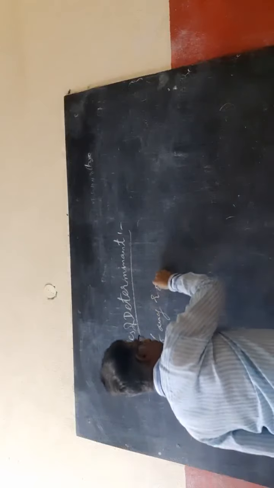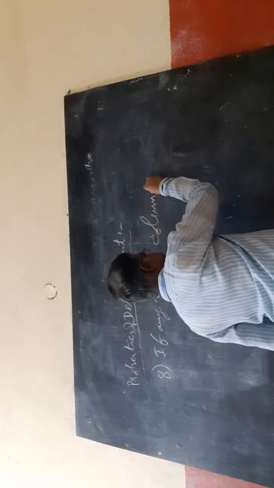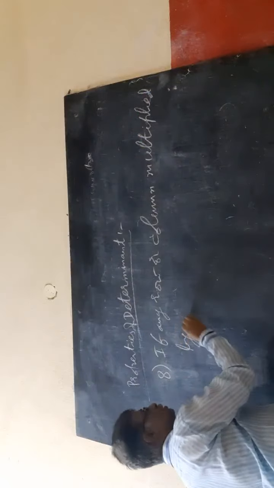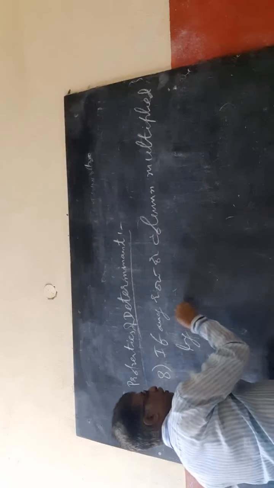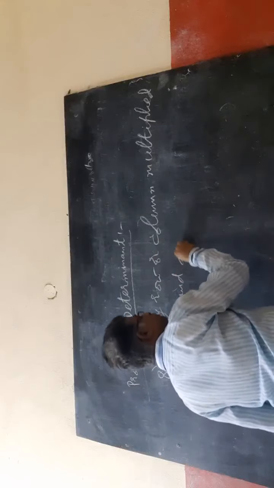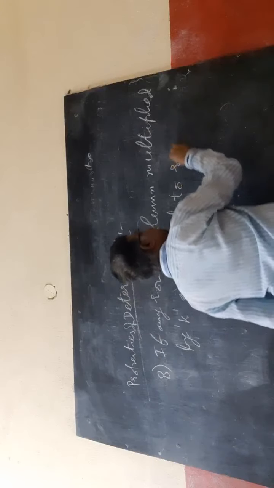If any row or column is multiplied by k and added or subtracted to some other row, the determinant does not change.